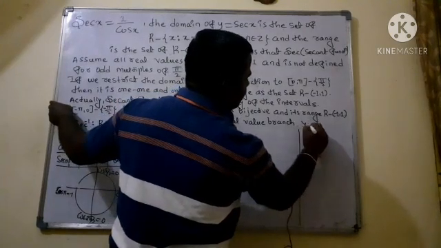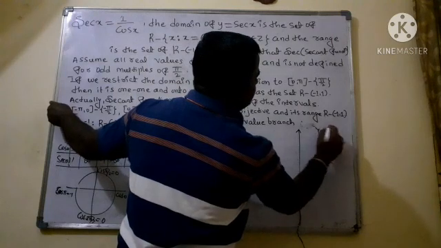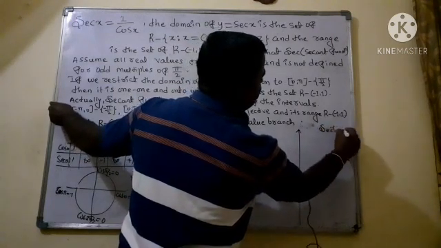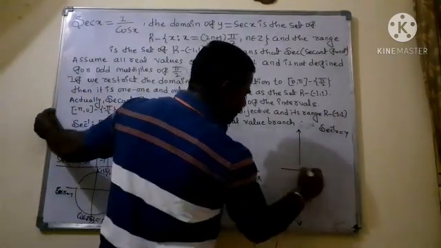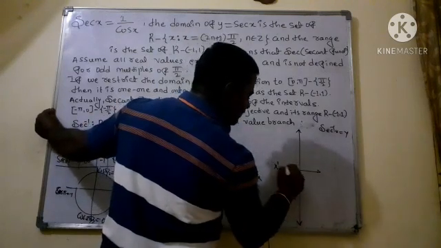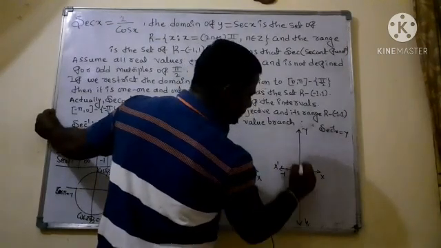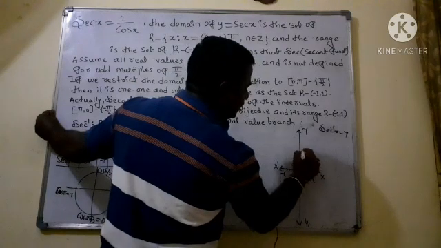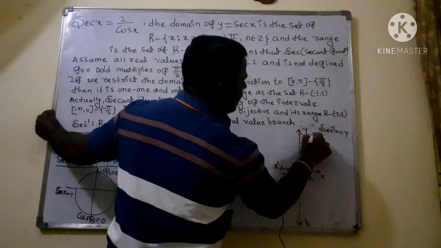y is equal to, shall I write y is equal to, or otherwise sec inverse of x is equal to y in this formation, right? So here the point minus 1 on x dash, here plus 1 on x, and y dash. So here pi by 2, 0, here pi, here 3 pi by 2, here 2 pi.